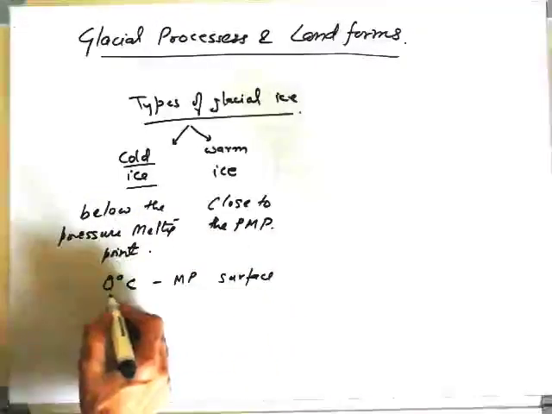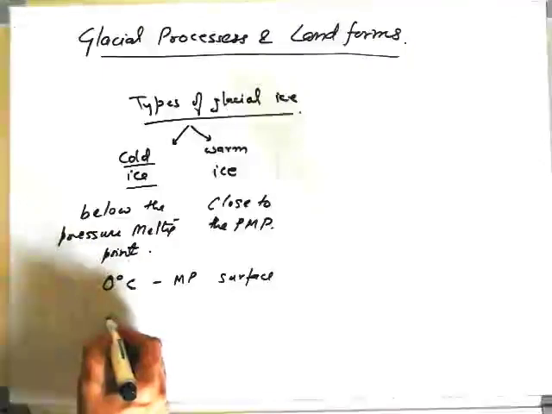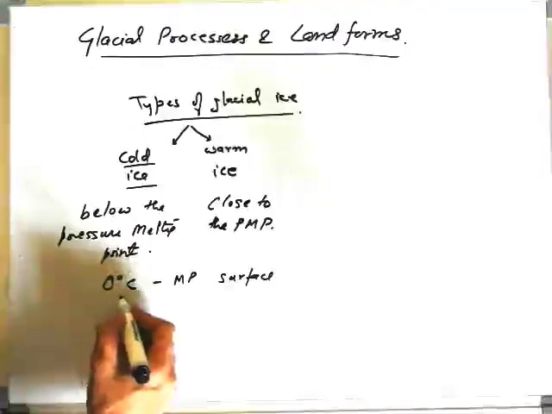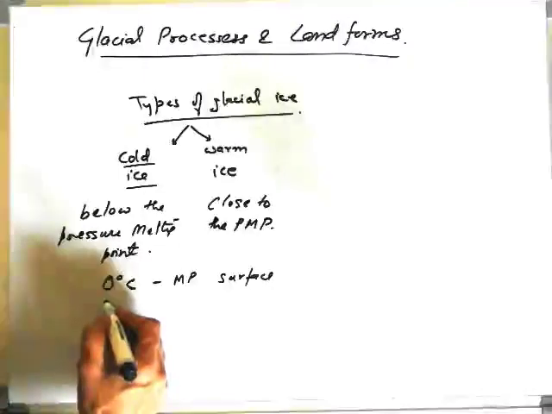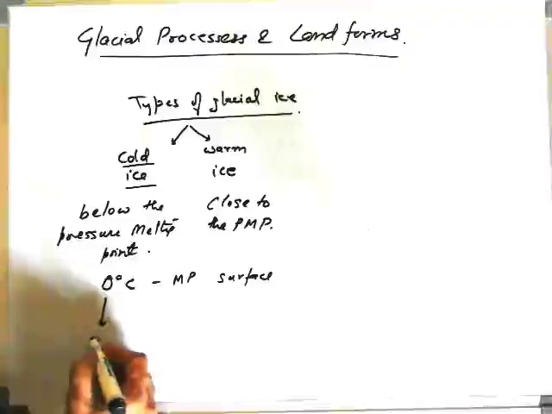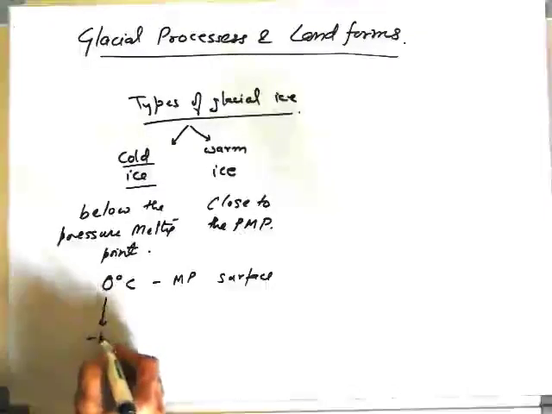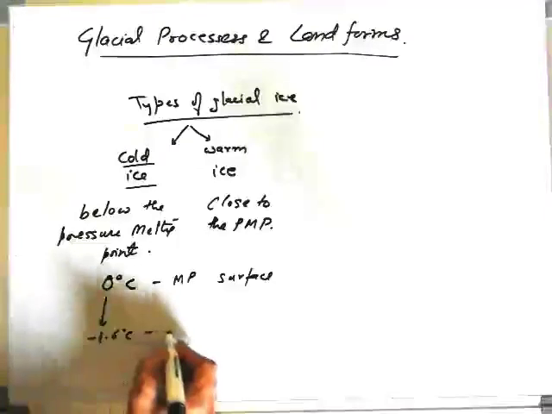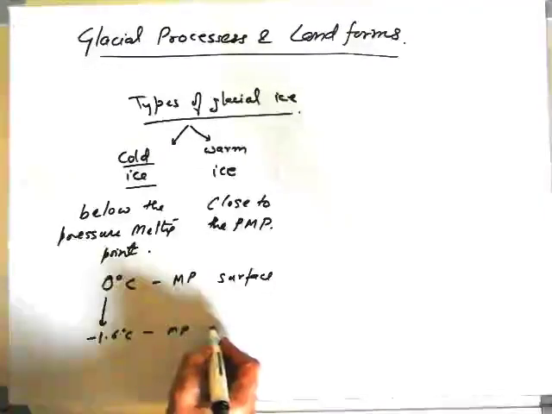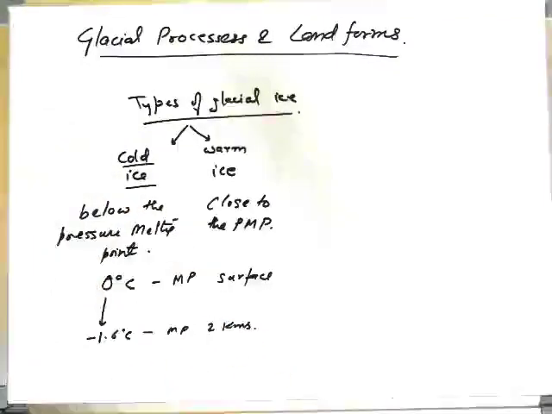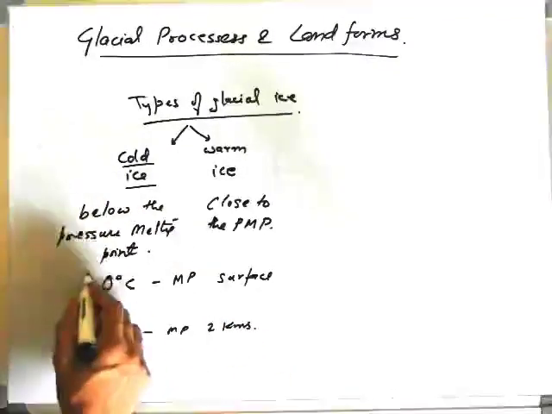But for ice present at a greater depth, let us say in the ice sheet at 2 kilometers depth, the melting point at that depth will be lower, let us say minus 1.6 degrees centigrade at 2 kilometers depth.